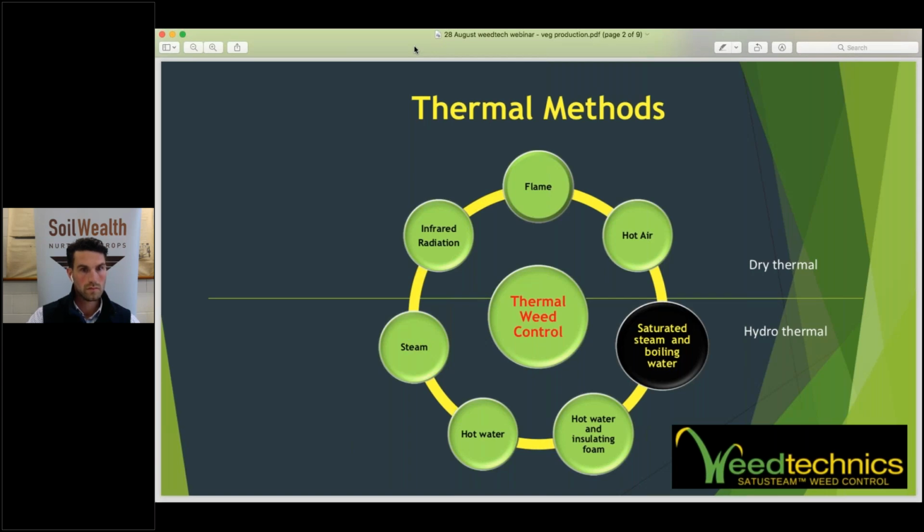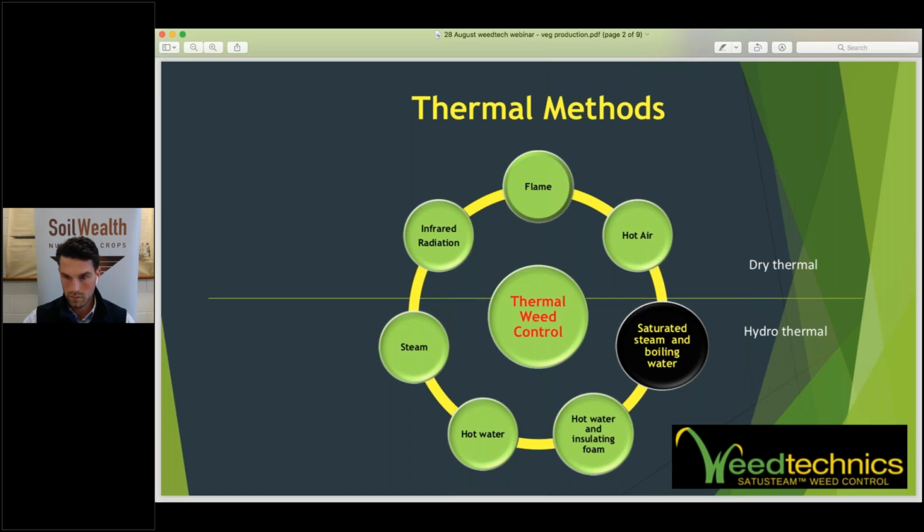We went about making a steamer using a very small boiler and an LPG flame, and we were heating 15 litres of water an hour as opposed to 15 litres of water a minute. But in order to kill a weed with that, we were needing to hold it over the weed for about 10 seconds.